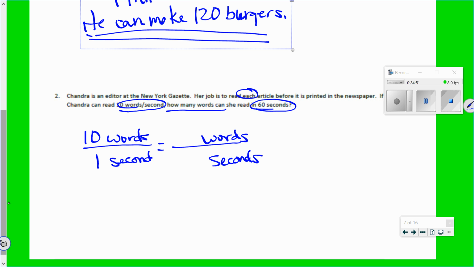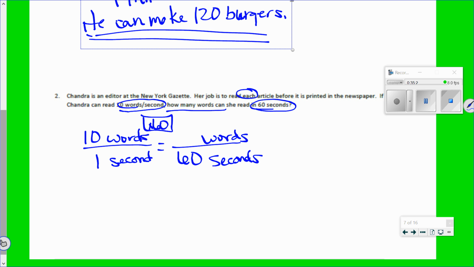How many seconds do I want? What's that third piece of information? 60. So where does that 60 go? Top or bottom? Bottom. Why? Because that's where seconds is. Does that make sense? Pretty easy to just set up once you pay attention to all those little details, right? How do I go from 1 to 60? Multiply by 60.